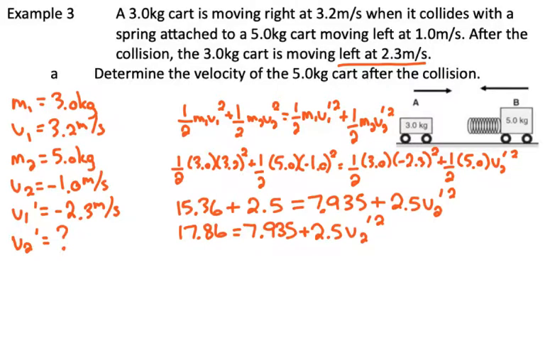Subtract 7.935 from both sides, we'll get 9.925 equals 2.5 v2 prime squared. Divide both sides by 2.5, we get 3.97 equals v2 prime squared.